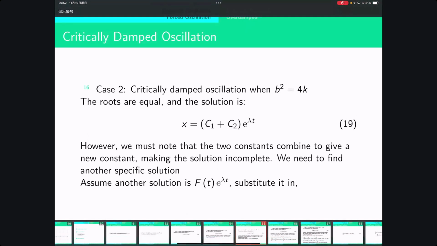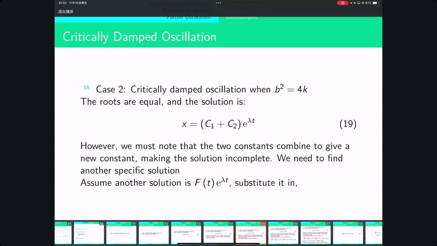We can assume another solution is in the form of f of t times e to the lambda t, because in this case, equation 19 gives one. The simplest solution equation 19 gives is just C1 plus C2 is 1, so it's e to the power of lambda t. So we assume that another solution is in the form of f of t times the first solution.